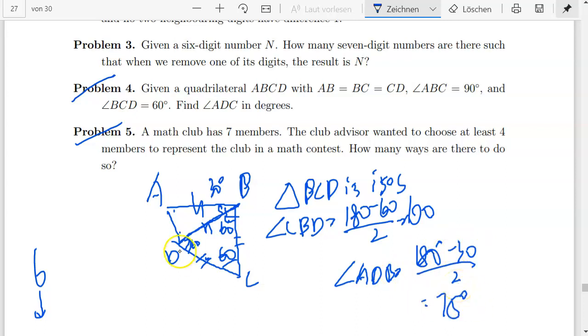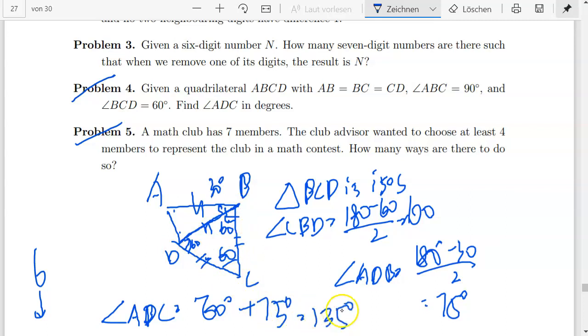And now if you want to find angle ADC, it is equal to 60 degrees from angle BDC, plus 75 degrees from angle ADB, which is equal to 135 degrees. So I'll just jot it down right over here.